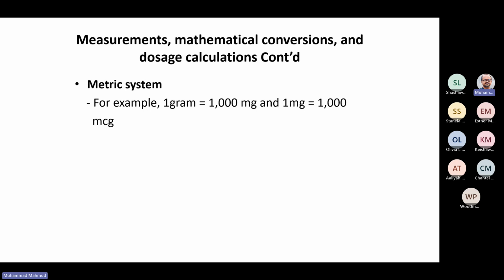One is to know that 1 gram equals 1000 milligram, and 1 milligram is 1000 microgram. Same thing goes with liter, that 1 liter equals 1000 milliliter, and 1 milliliter is 1000 microliters.